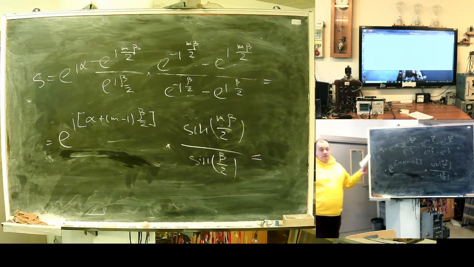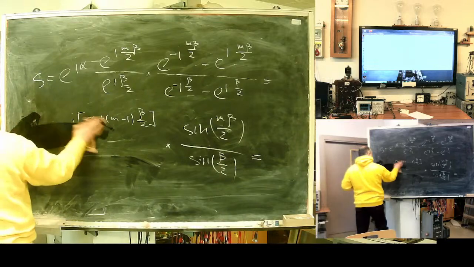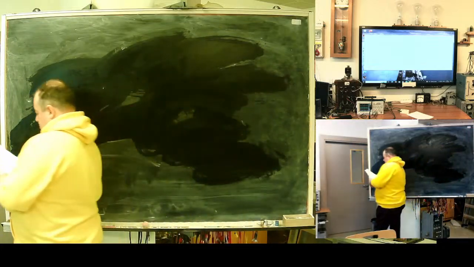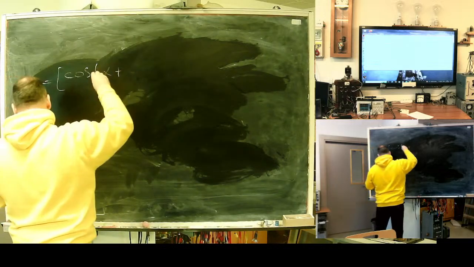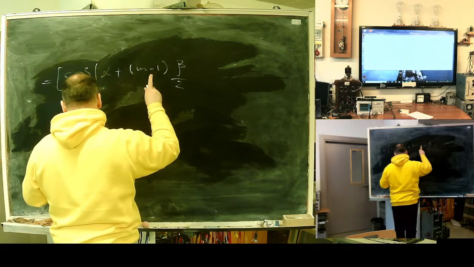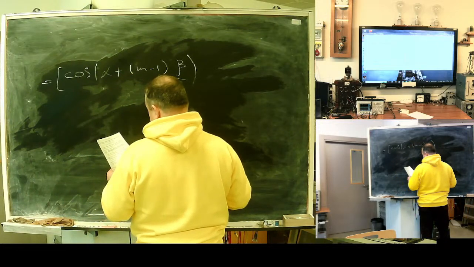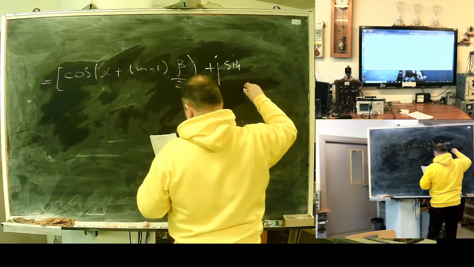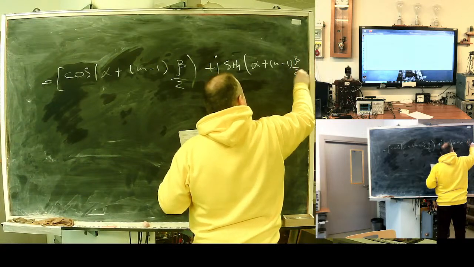One second. Can I erase? So it will be cosine of (α plus (m minus 1)β/2) plus j sine of (α plus (m minus 1)β/2).